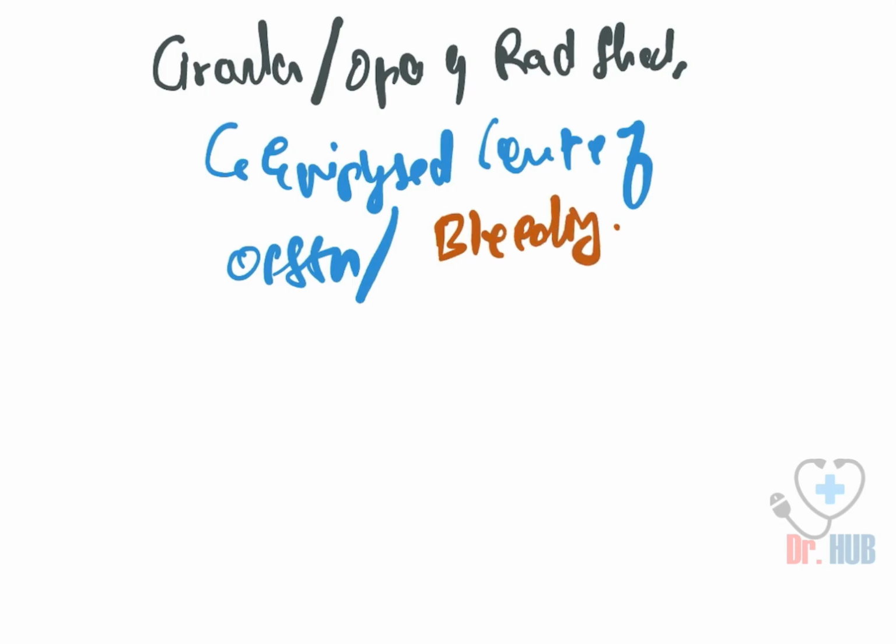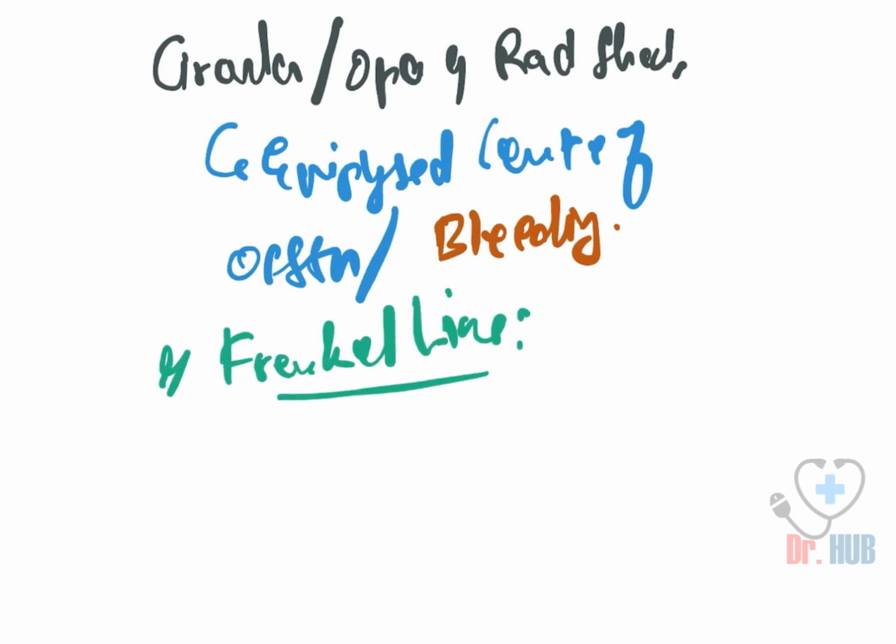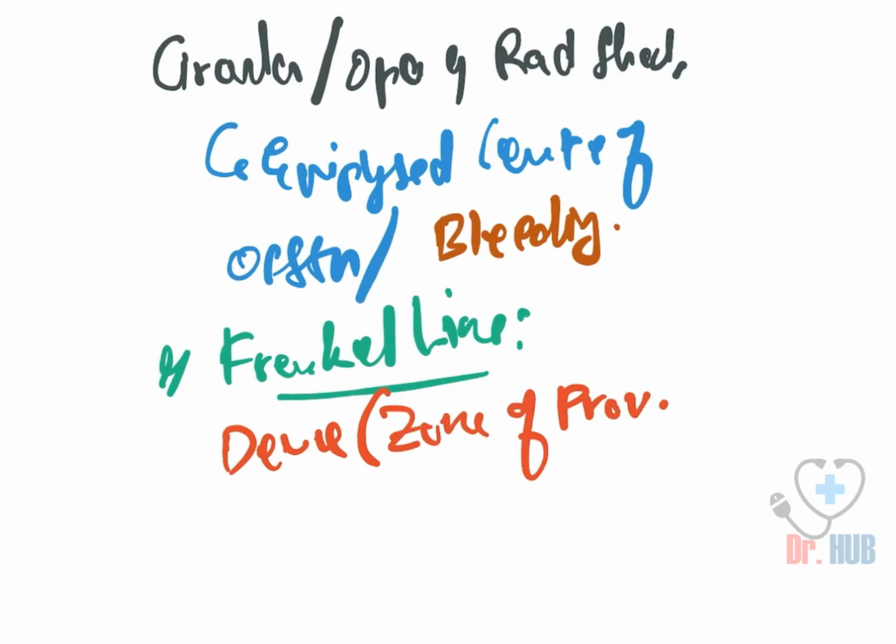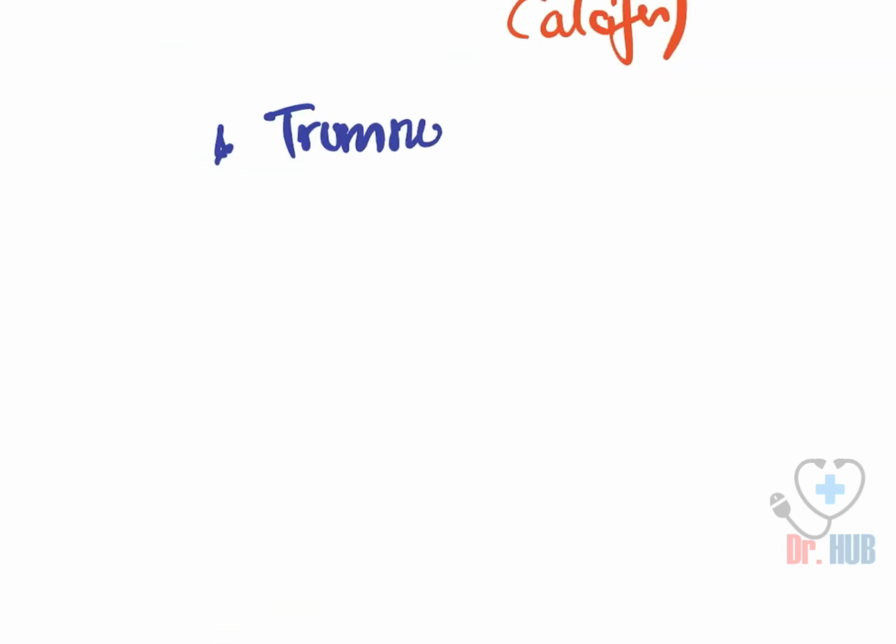Next, what we see is the Frenkel line. What is a Frenkel line? Frenkel line is a dense zone of provisional calcification. Then we move on to the Trummerfeld zone.